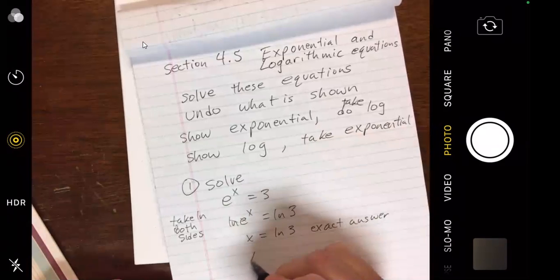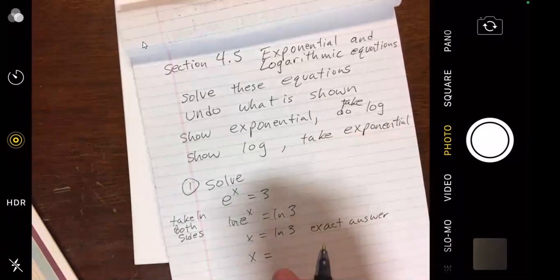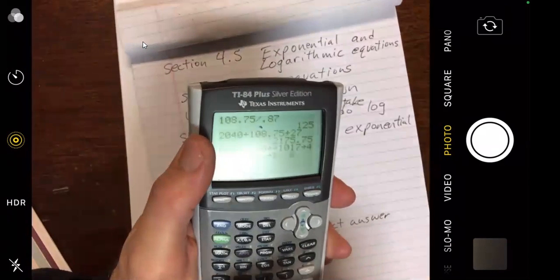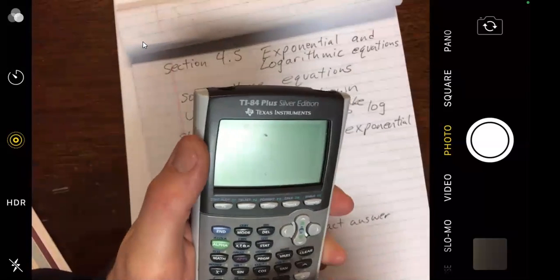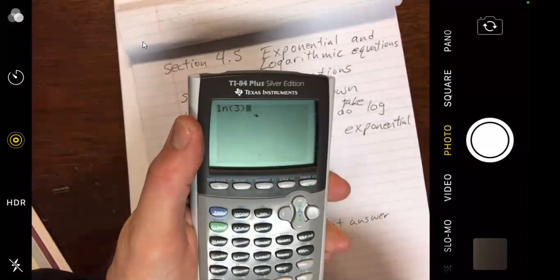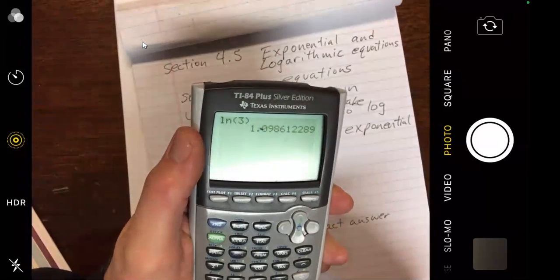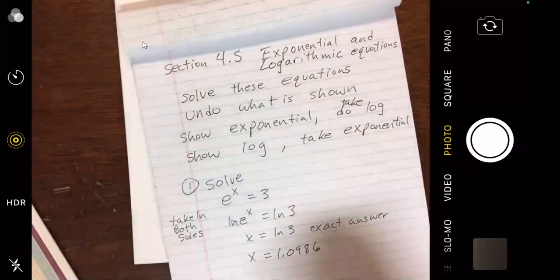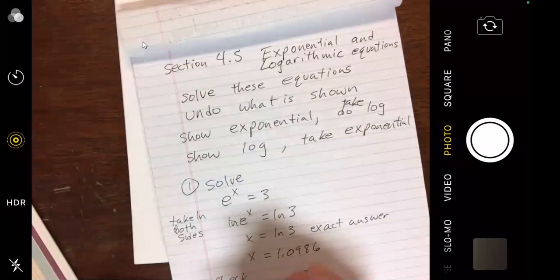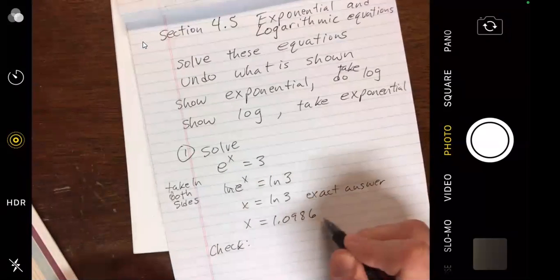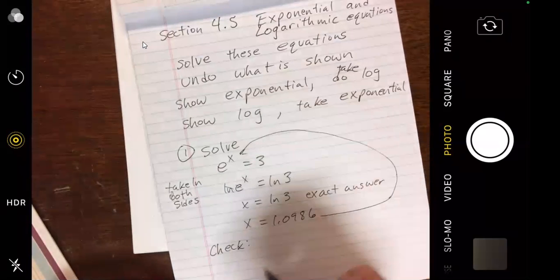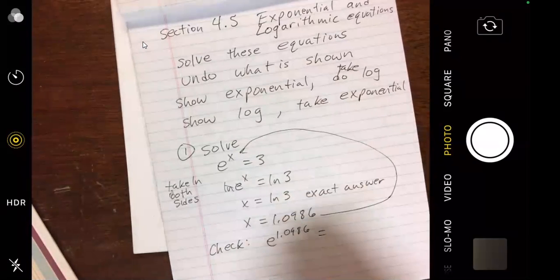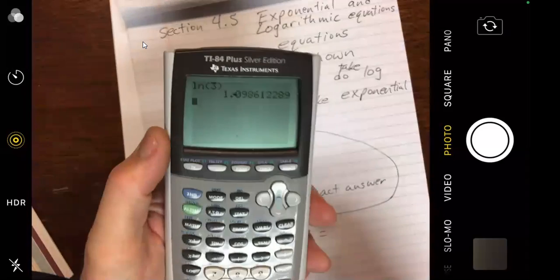It will also ask you for an approximation to ln of 3, which is 1.0986. I can do a check. Sub this in: e to the 1.0986. It won't come up exactly 3. There's a round off here, but we'll see how close we get.